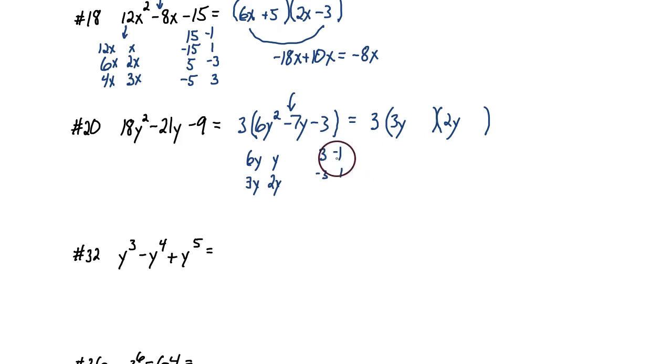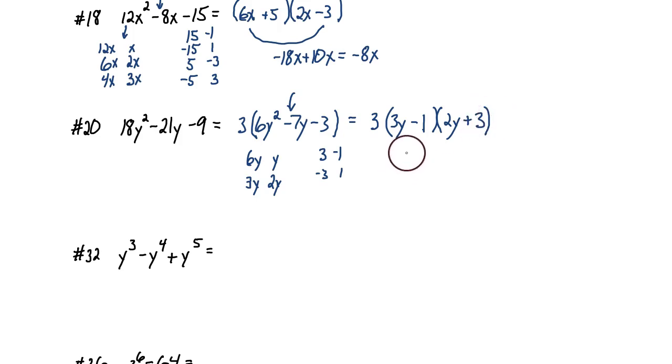I'm going to try this first pair of numbers, but I'm not going to put the 3 in this parenthesis and the negative 1 over here, because if I put a 3 in here, there would be a greatest common factor of 3 in those parentheses, and I've already taken care of greatest common factor. So I'm going to put the negative 1 here and put the positive 3 over here.